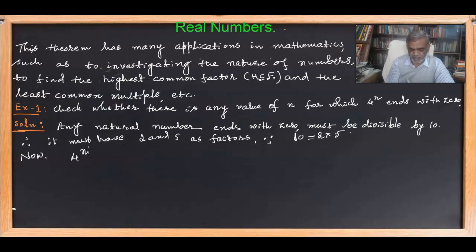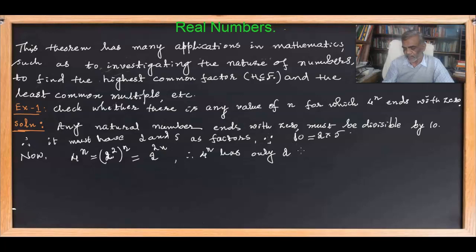And therefore 4 raised to n can be written as 2 squared raised to n, that is equal to 2 raised to 2n. And therefore 4 raised to n has only 2 as a factor, but not 5.